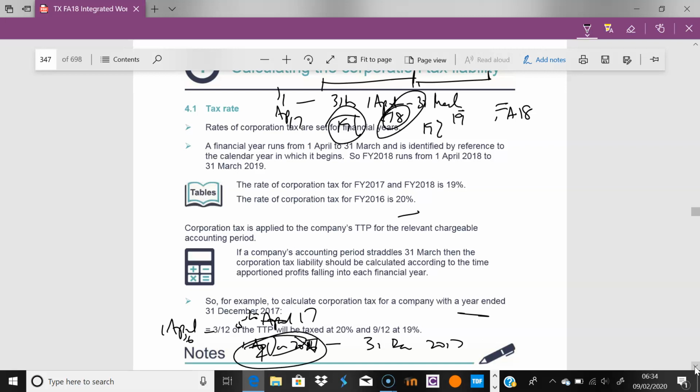So there's 3 months in your year in this Finance Act 16 at 20%. You'd have done 3 months at 20% and then 9 months at 19%. So that's the other thing.